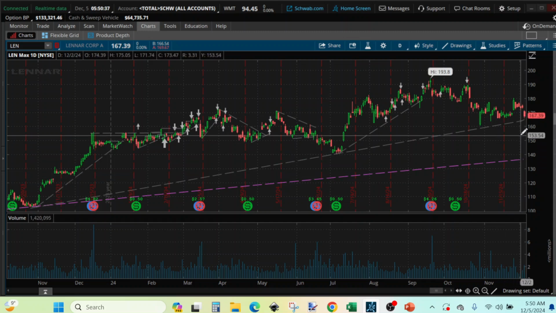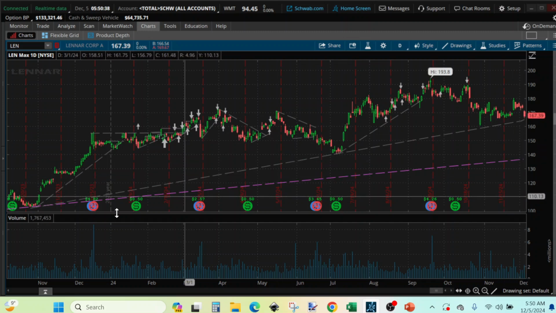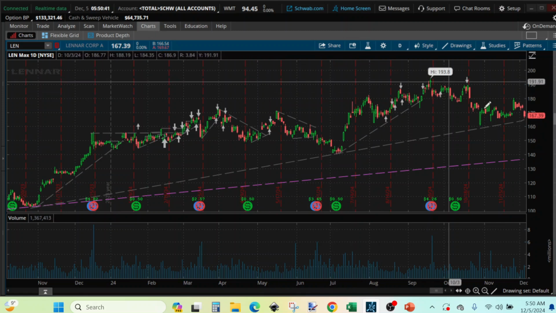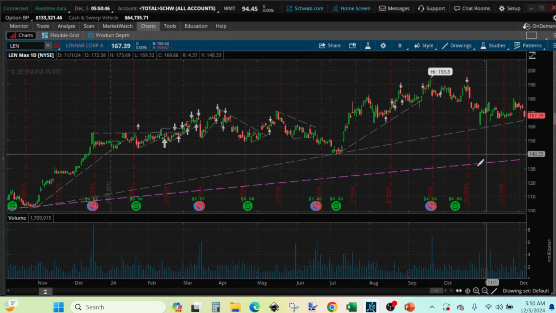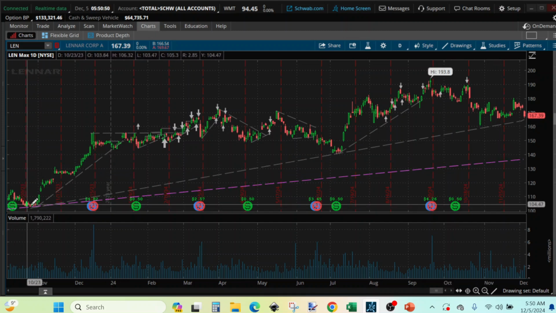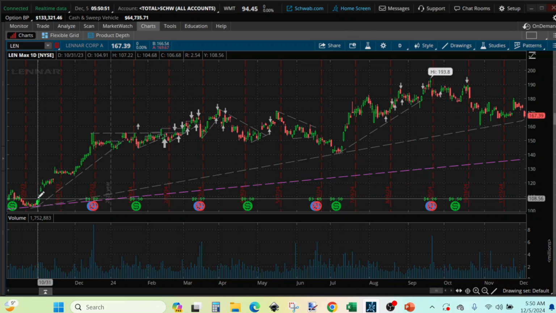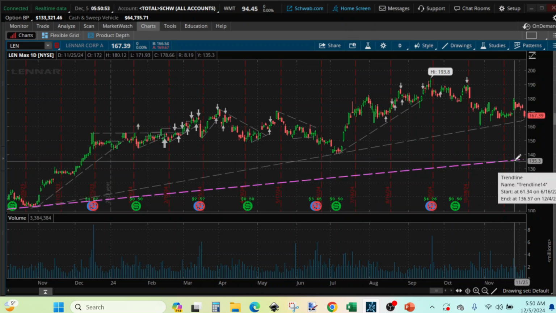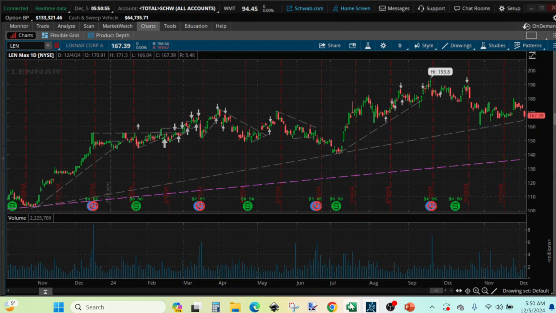So I'm not sure if it's going to just be this repetition, or if it's going to try to come back to this line that it started with at the beginning of the year. So we are going to highlight this and just keep an eye on it.